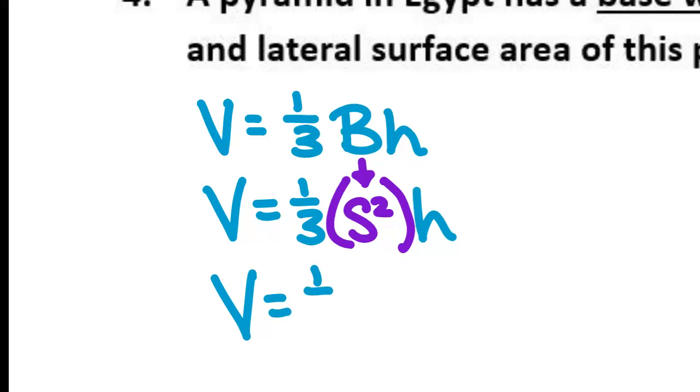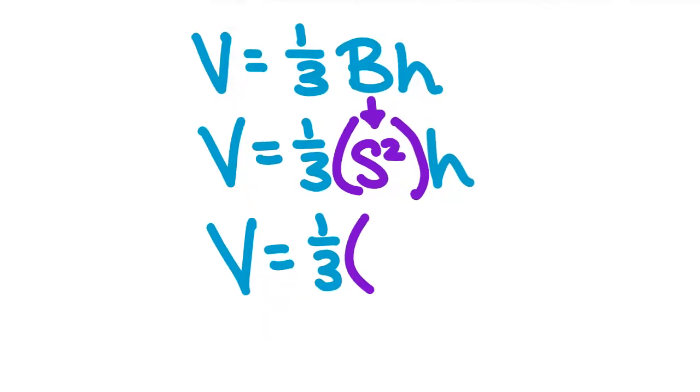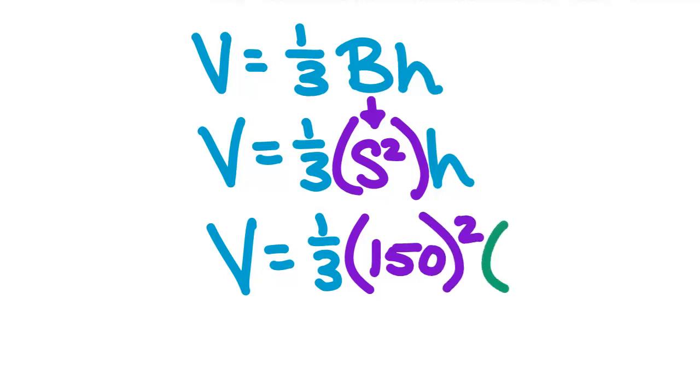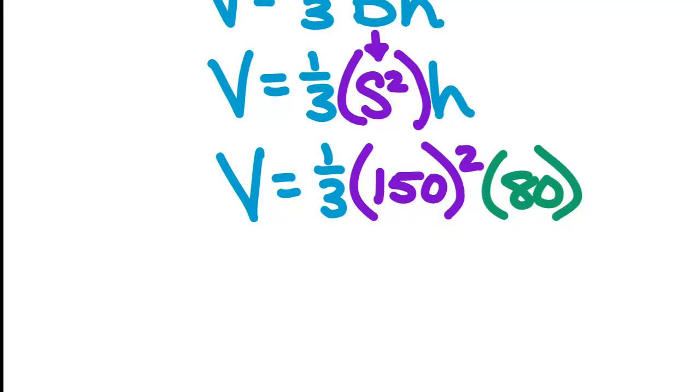So volume is 1/3 times my, how big are the sides of that square? 150. So 1/3 times 150 squared times my height of 80. What is 1/3 times 150 squared times 80?